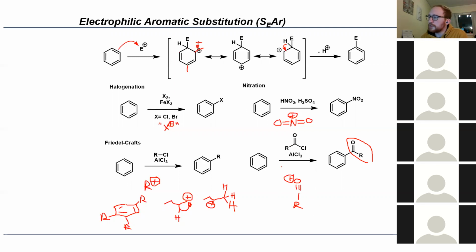With the acylium ion, it does not undergo carbocation rearrangements, and the product that you form is less active than the starting material, so it's unlikely to undergo further reaction. And beyond that, the Lewis basic functional group of the ketone can coordinate away our Lewis acid, and that further shuts down overreactivity.